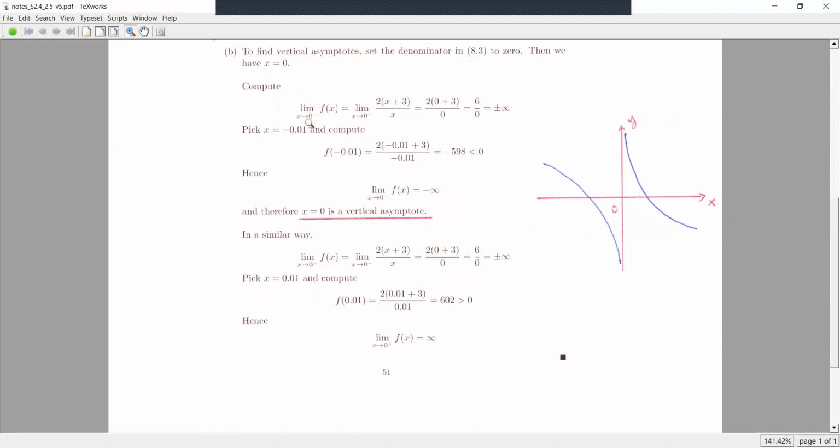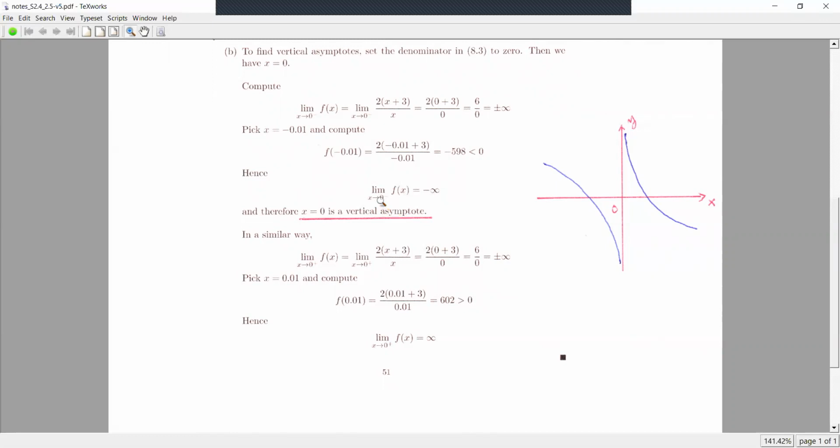So when x is very close to 0, but on the left side, function is negative. Therefore, this infinity is a negative infinity. So we have, as x approaches 0 from the left side, function approaches negative infinity.